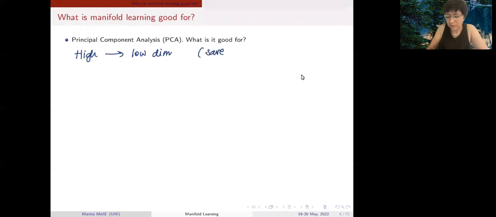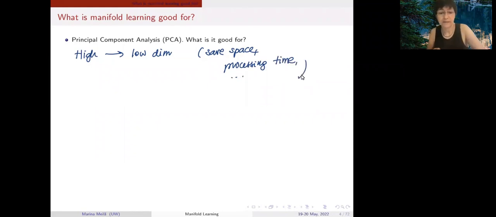This means saving space and maybe processing time, and maybe other computational savings. But computational savings is not the only reason people are doing principal components.